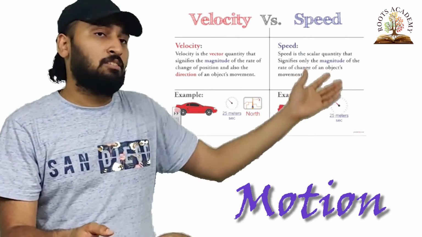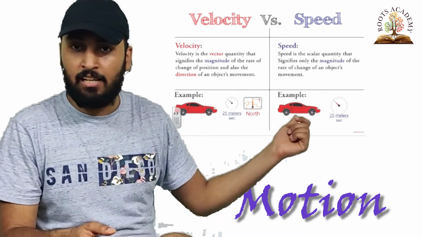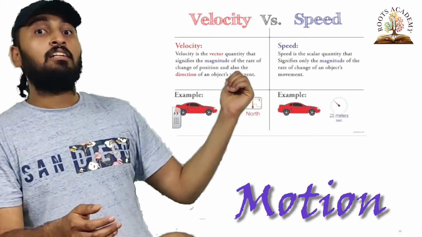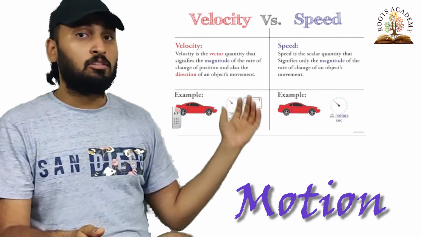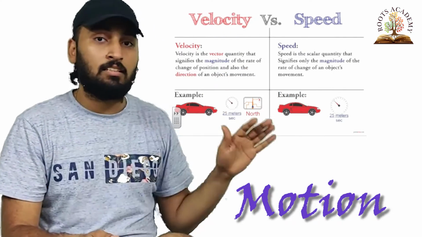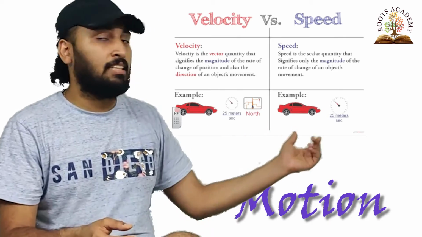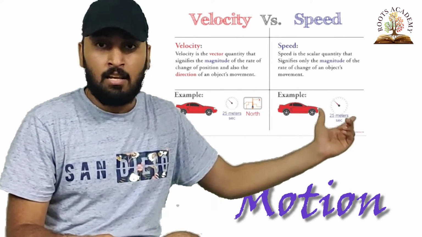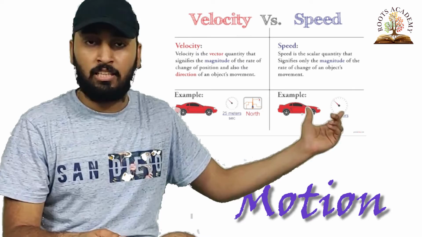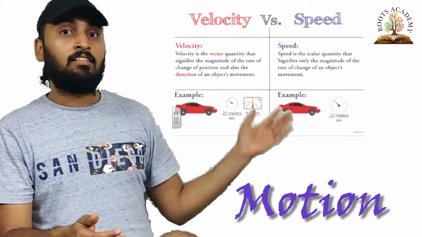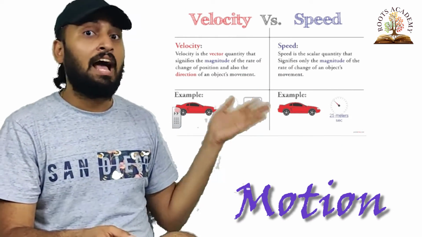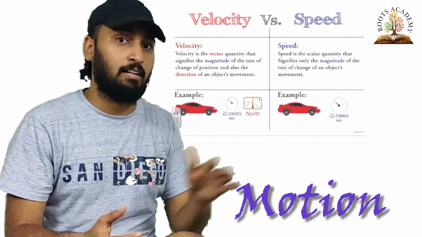So, as we know, distance is a scalar quantity, therefore the speed will also be a scalar quantity and doesn't have any particular direction. Whereas velocity, since it has displacement in it, and displacement being a vector quantity, is also a vector quantity and will have a particular single direction.